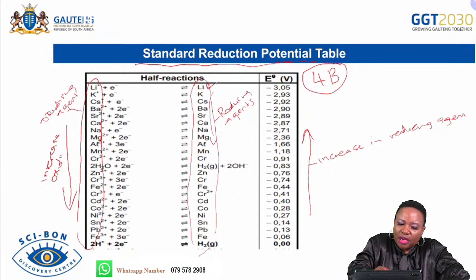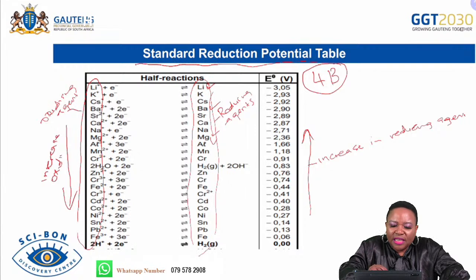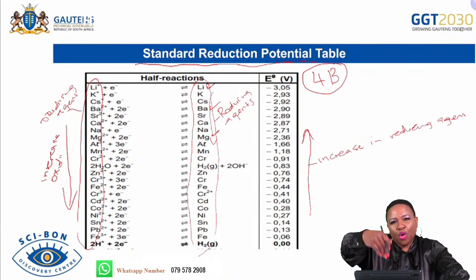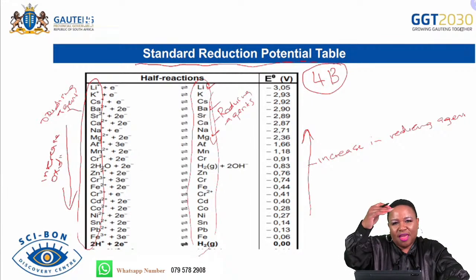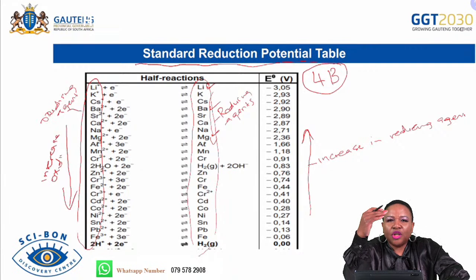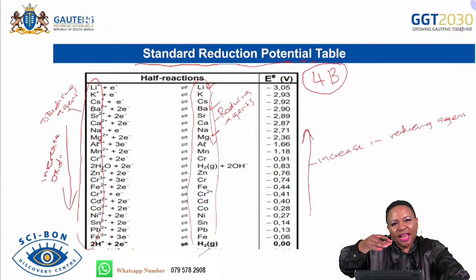So let's say we compare lithium and magnesium, or lithium and barium. You will find that lithium is a stronger reducing agent than barium. But barium is also a stronger reducing agent than magnesium. So the more you go down from lithium, the strength of reducing ability decreases.